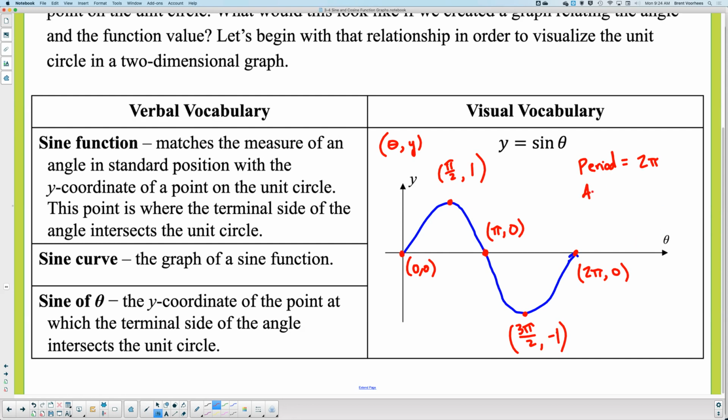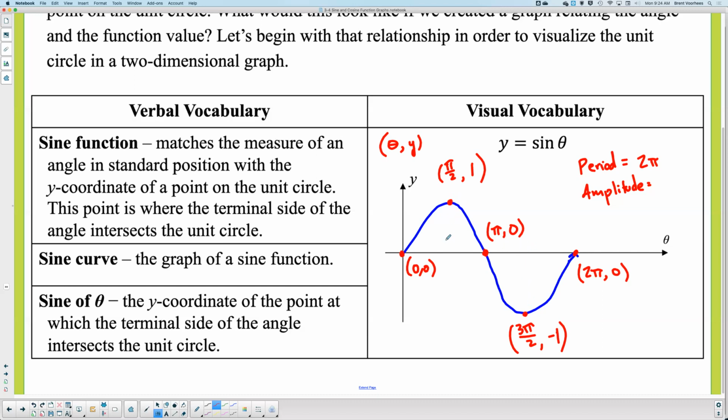The amplitude, do you remember what amplitude meant? It's the difference between the maximum and minimum divided by 2. Or you could say, from the midline up to the maximum, or from the midline down to the minimum.